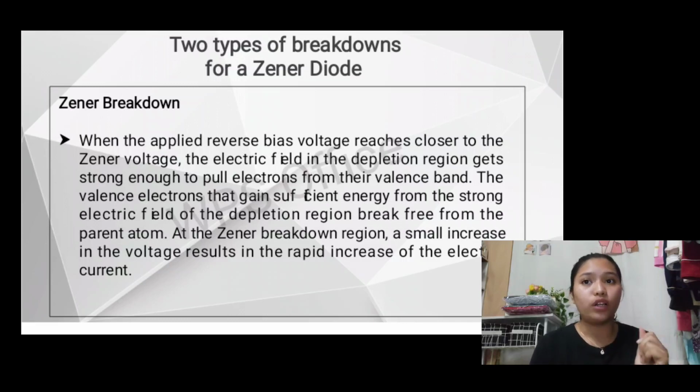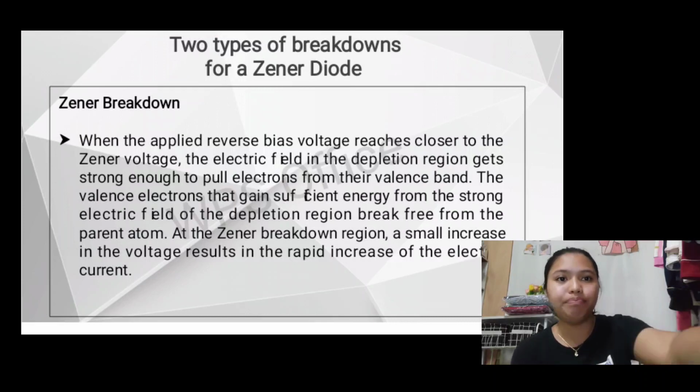The value of reverse voltage at which this breakdown takes place is called the Zener voltage. Zener breakdown takes place in highly doped PN junction diodes.